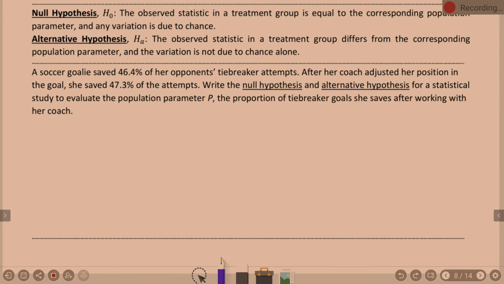So right there, with a null hypothesis, any variation is due to chance. Okay, it's not due to an outside source such as the additive. Alternative hypothesis, H sub A: the observed statistic in a treatment group differs from the corresponding population parameter, and the variation is not due to chance alone. It's due to some outside source. In this case, that outside source being the additive.